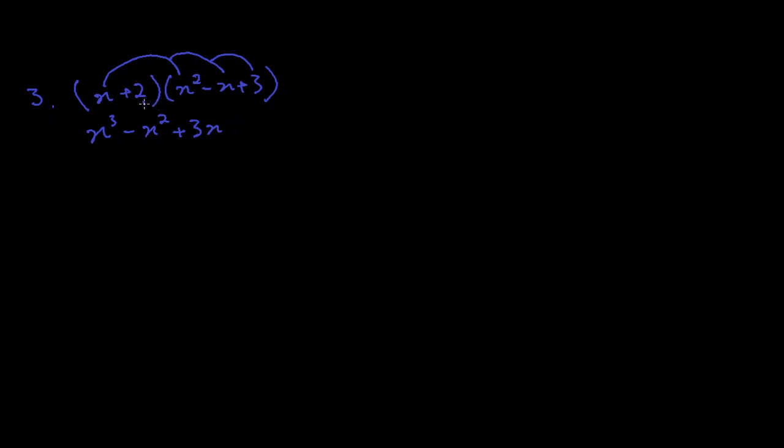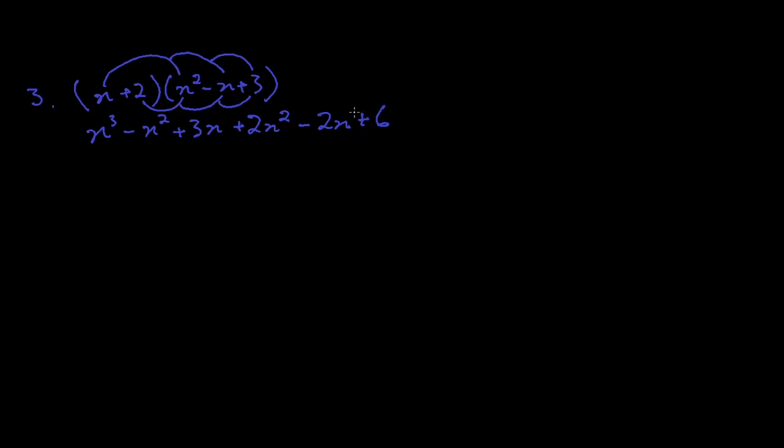Then this 2 multiplies everything there, there, and there. Okay guys, so let's do it. So it's gonna be plus 2x squared, then it's gonna be minus 2x, then it's plus 6.